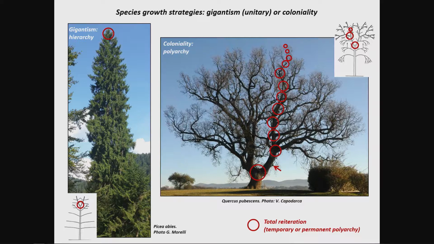This strategy is called gigantism, or as Francis said, these trees are Unitarian. But on the other side, you have oaks that very early develop total reiterations. And you can see them in red circles, smaller and smaller, and more and more frequently during the life of the tree. And we call these trees polyarchic trees. So today we are focusing more on these trees than the giant ones.